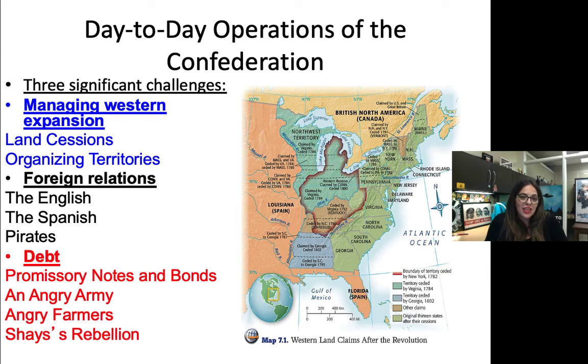It's one of the things that the Founding Fathers are going to be looking at when considering what they are going to do when fixing the Articles of Confederation, and is true democracy really a good thing? All things to consider.